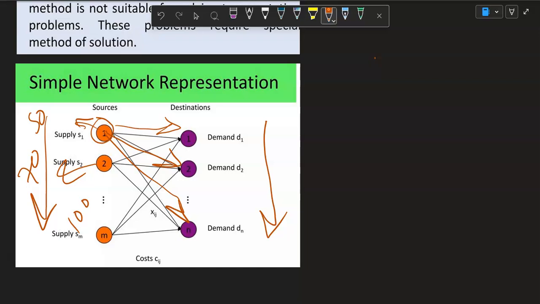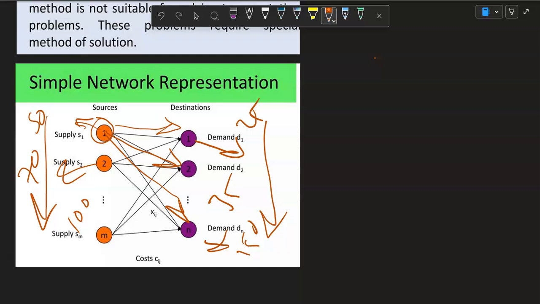Okay, and these destinations also require only a limited number of products. So maybe this particular destination can only need 25, and this guy can only need 35, and this one will need maybe 150. Okay, so you need now to analyze how much will it cost you to transport from supply 1 to destination A or destination 1, and how much will it cost you to supply from supply 1 to destination 2?